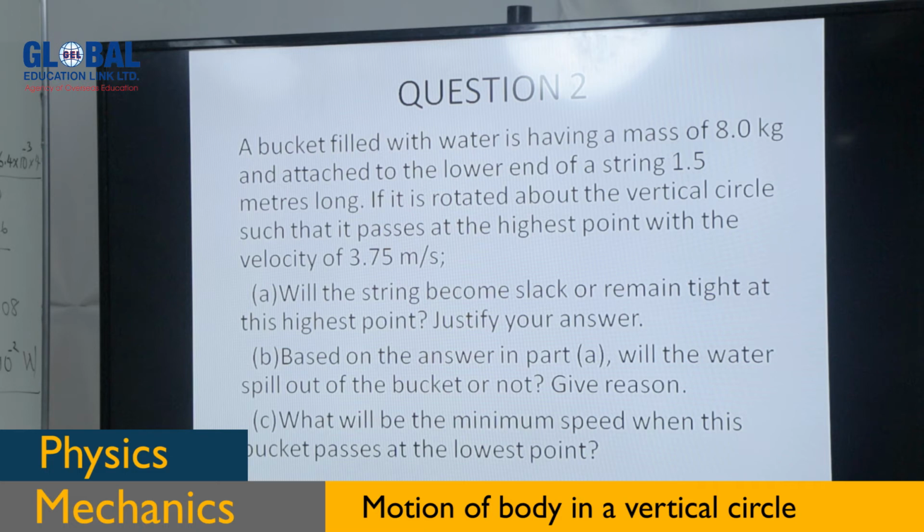If it is rotated in a vertical circle such that it passes the highest point with a velocity of 3.575 meters per second, will the string become slack or remain tight at the highest point? Justify your answer. That is A. B. Based on the answer in part A, will the water spill out of the bucket or not? Give reasons. C. What will be the minimum speed when this bucket passes the lowest point?